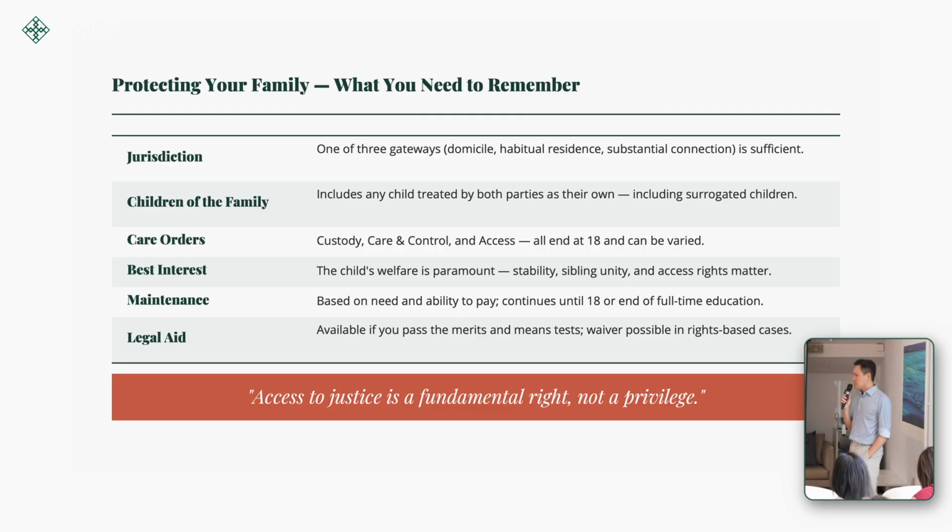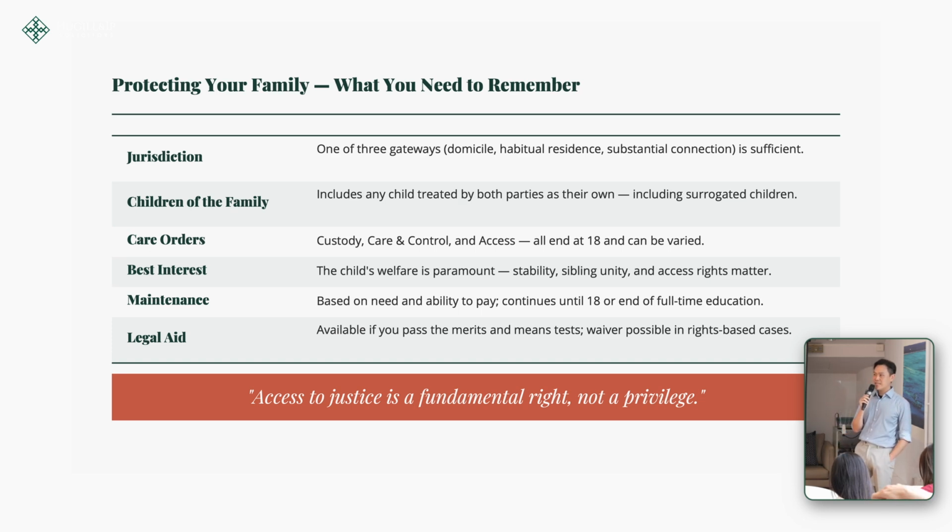This is a quick summary of what we have discussed. We've talked about when we can invoke the Hong Kong Family Court's jurisdiction, the definition of children of the family, what care orders the Hong Kong court would make, and the guiding principle being the best interest of the child. And then we also briefly talked about maintenance and lastly legal aid.